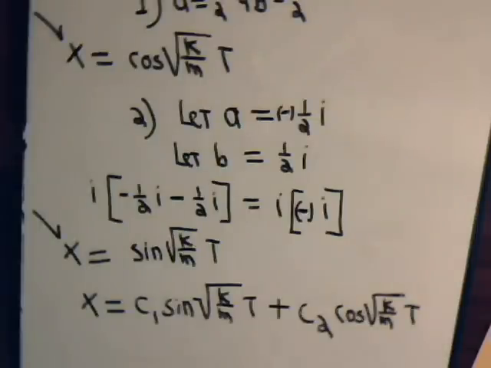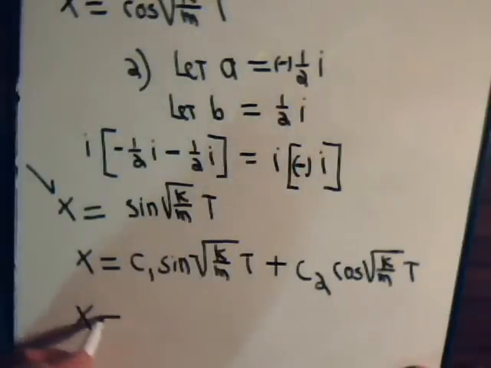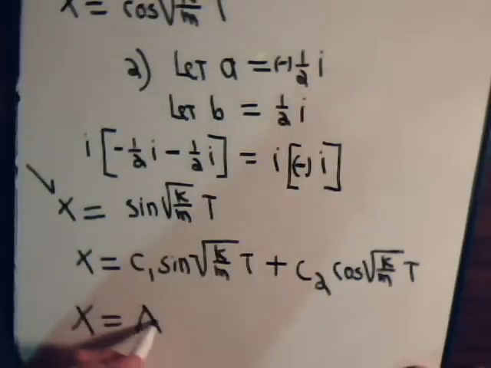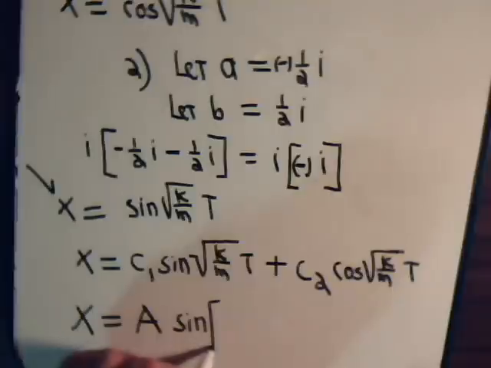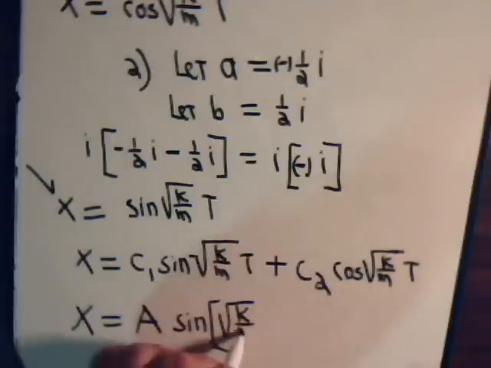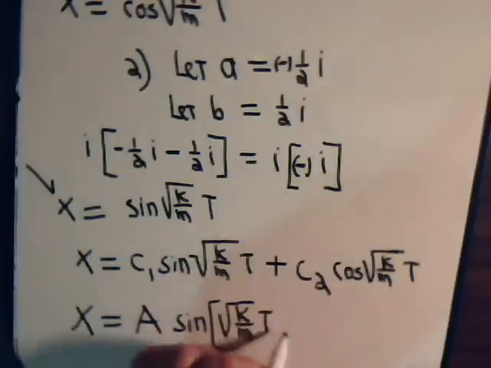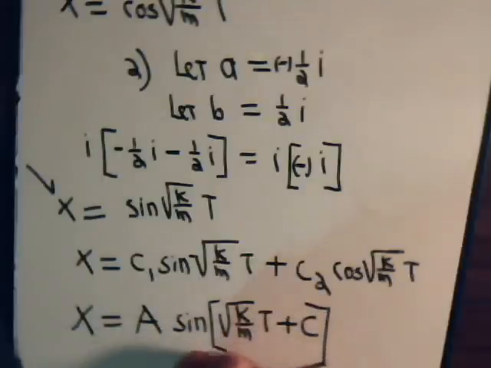Well, if you watch video 6, we also derived an equation for the position of the block at any time t, and what we obtained in there was x equals A, that was the amplitude, times the sine of the square root of k over m times t plus some constant.